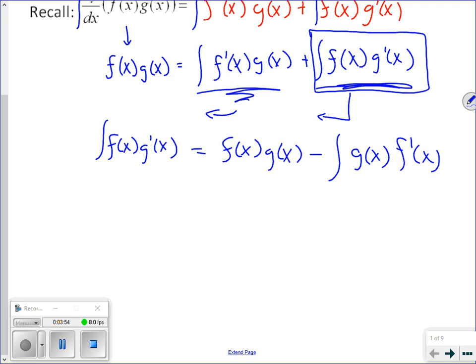All I did between these two lines was isolate this quantity. This is what they're going to be asking you to find, and it's just a manipulation of the product rule.